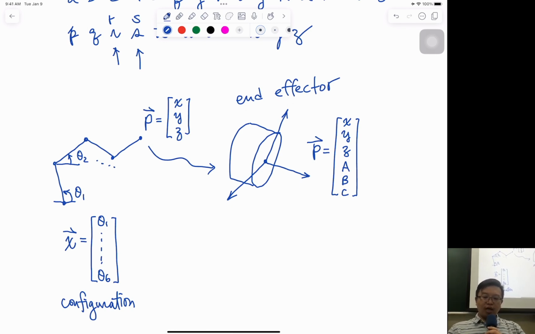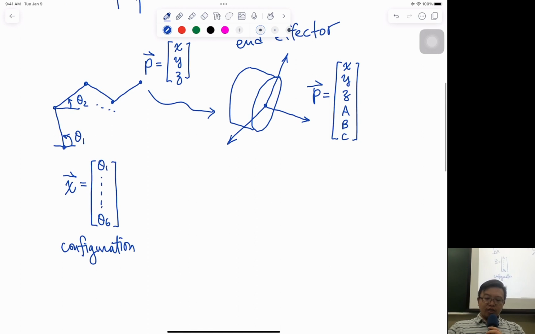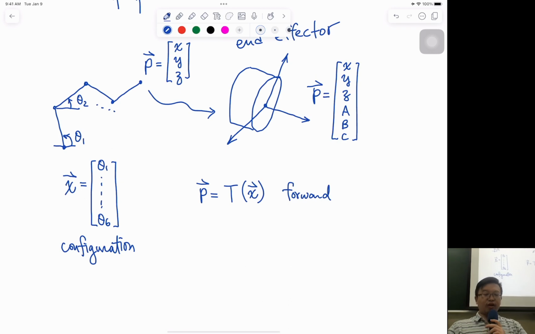So if I determine the coordinate by some kind of transformation with respect to the joint angles, this is forward kinematics, right?